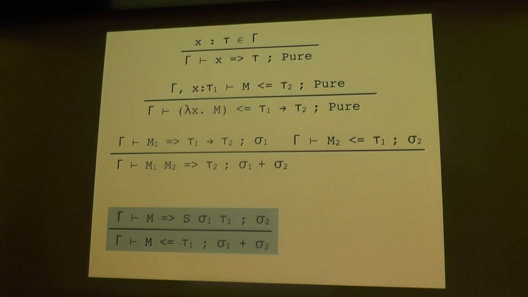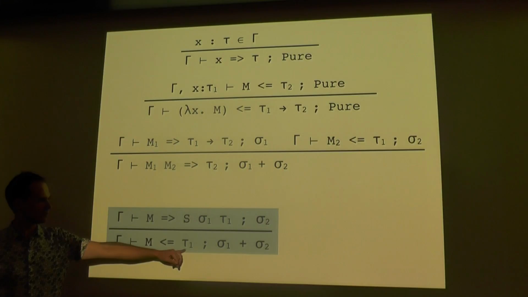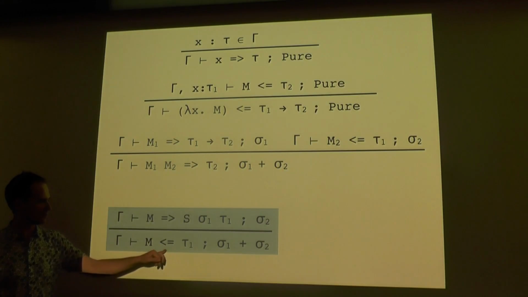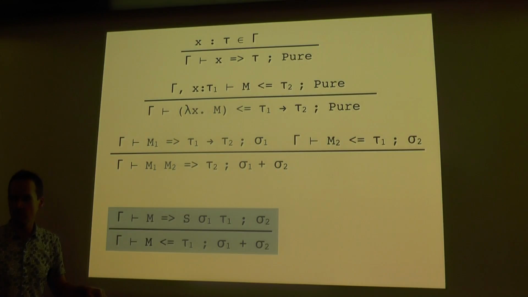I guess what confused me, you might just have to go back to the beginning and explain it again, is that you had type tau1, which I would regard to be like a pure type, and then you had the effect type S sigma tau1. I just wanted to know, you kind of related that to subtyping in the previous slide. Yeah. But I was wondering if you could just go through that relationship again.